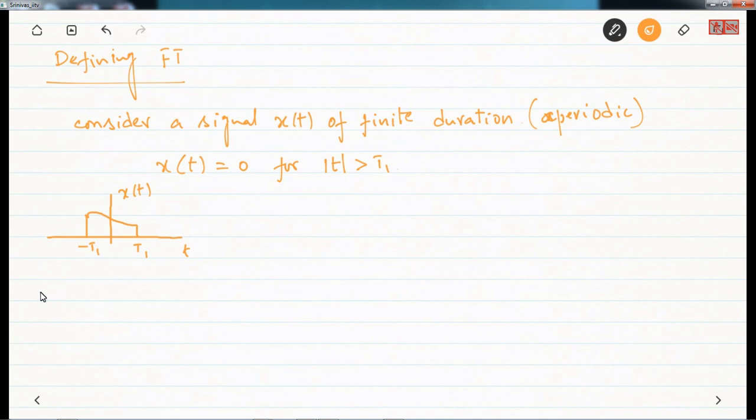So from this signal, let's construct x tilde of t.